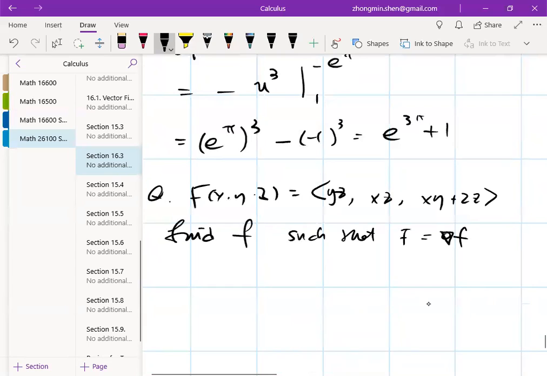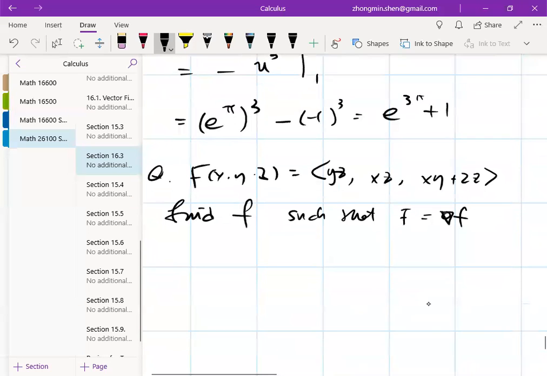We don't have a theorem to mention that, but if such an f exists, imagine this is P, Q, R. You can check with this one. The necessary condition is P equals the partial derivative Fx, Q equals Fy, R equals Fz.